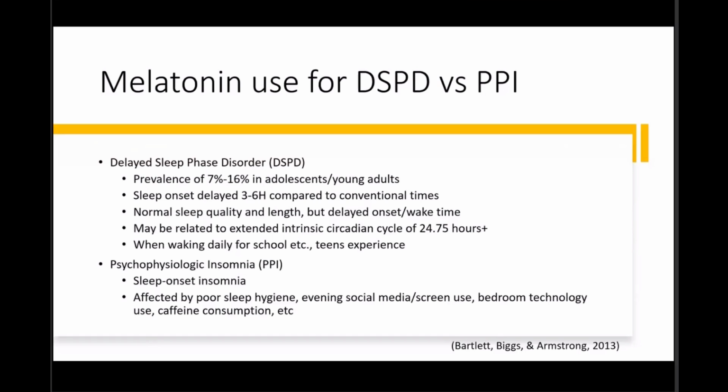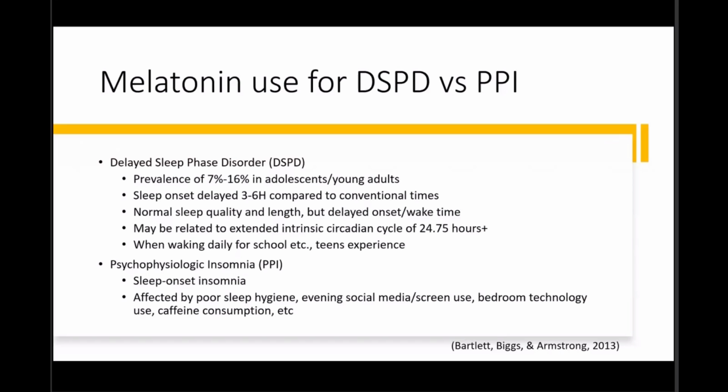These are kids that are having trouble falling asleep. So they're falling asleep 3 to 6 hours later than conventional bedtimes. They do have normal sleep quality and duration once they fall asleep, but the times are delayed. And it's thought to be related to an extended intrinsic circadian cycle of at least 24.75 hours, if not longer.